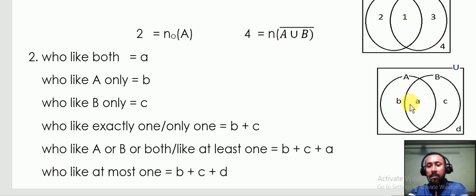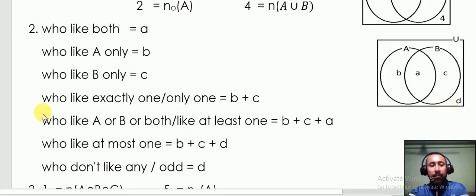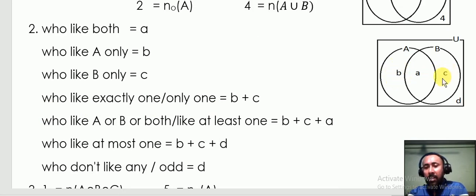If we are asked to find who like B only, then we go for c. The next one, if we are asked to find exactly one or only one, then we add the values b and c. If we add these two values, then we get only one, that is n not A plus n not B.